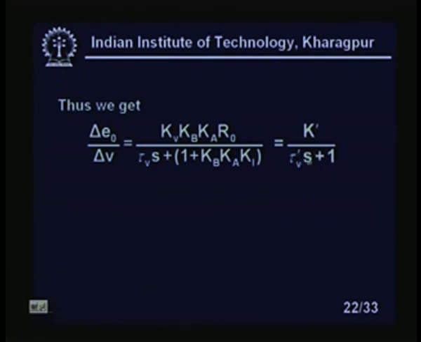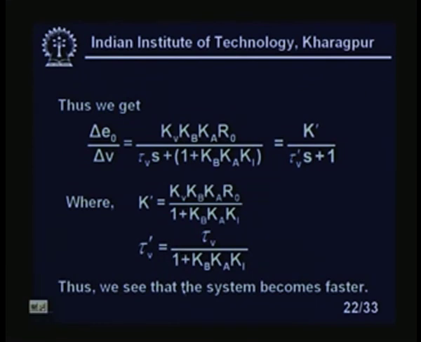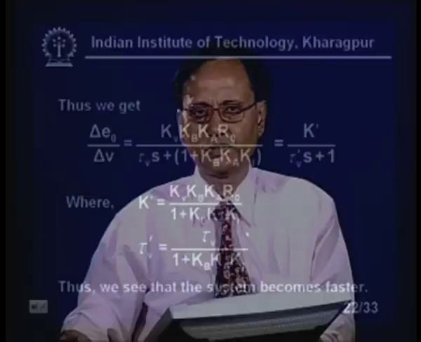Previously it was only tau V S plus 1. So what is tau dash V? K dash equals Kb Ka Ro, 1 upon 1 plus Kb Ki, and tau dash V is tau V divided by that same factor. Naturally, if I decrease the time constant of the system, my frequency response will increase, is it not? Lower the time constant, I can measure the high frequency.